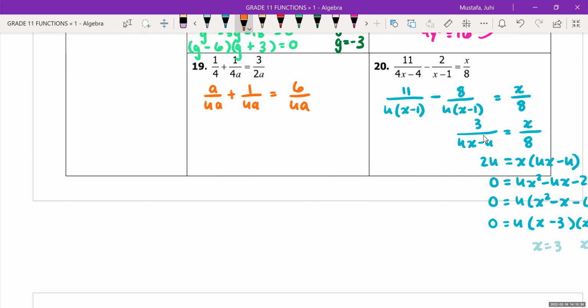Now, technically, all of the denominators are the same. We're actually going to do it both ways, the trick and the old-fashioned way. So let's try the old-fashioned way first. I'm going to have a plus 1 over 4a is equal to 6 over 4a.